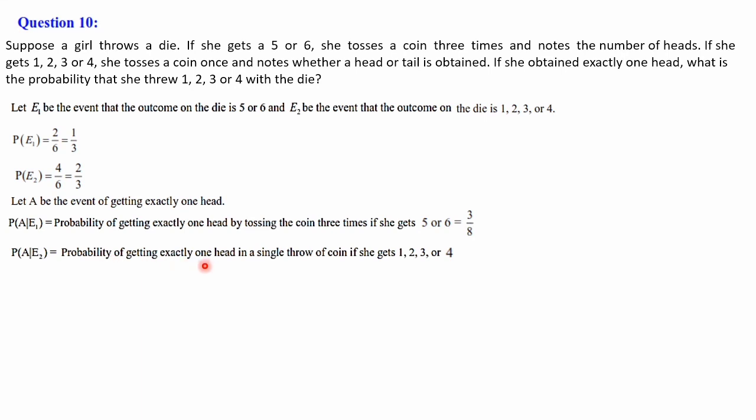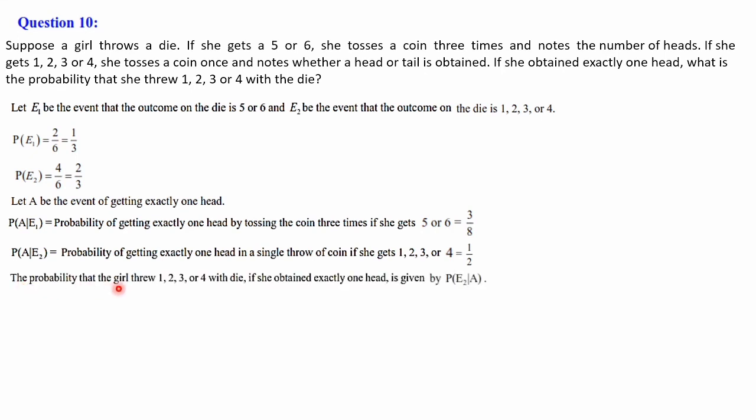So the probability of getting exactly 1 head in a single throw of the coin, if she gets 1, 2, 3 or 4, is 1 divided by 2, because 1 head means only 1 chance, out of a total of 2, head or tail. 1 divided by 2 is the probability.